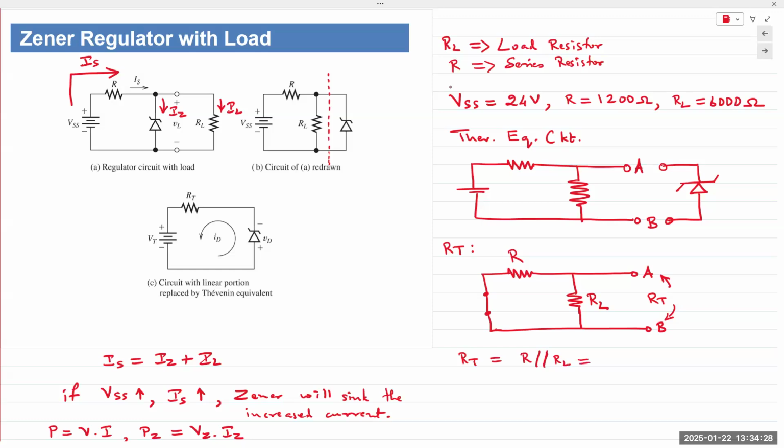It simply means R times RL, the product of the two, divided by the sum of the two. 1200 times 6000 divided by 7200 gives us a nice even round number of 1000 ohms. Okay, that's the Thevenin resistance.